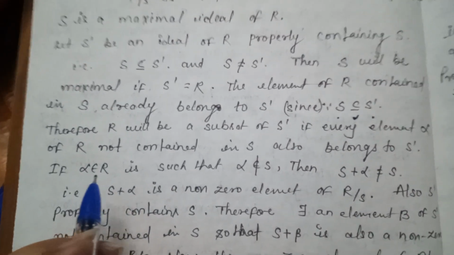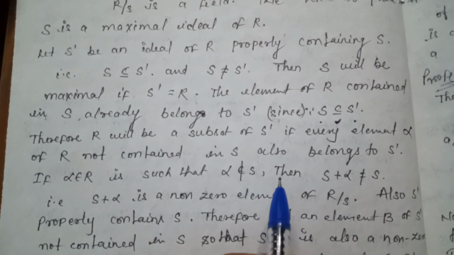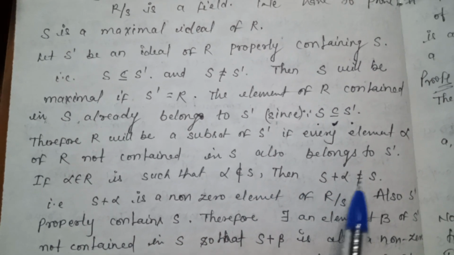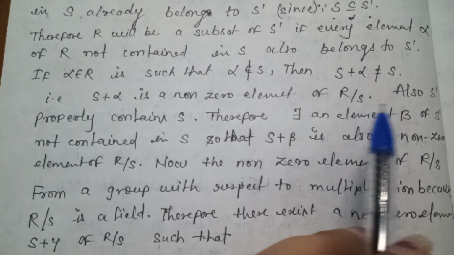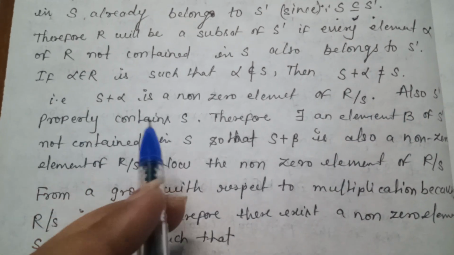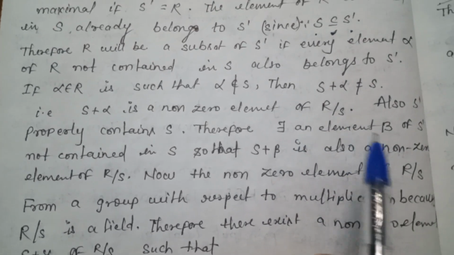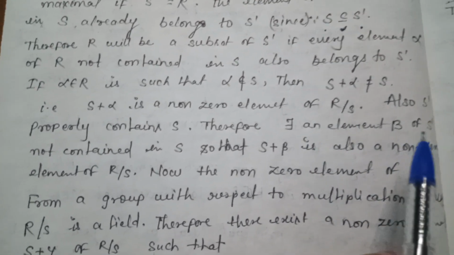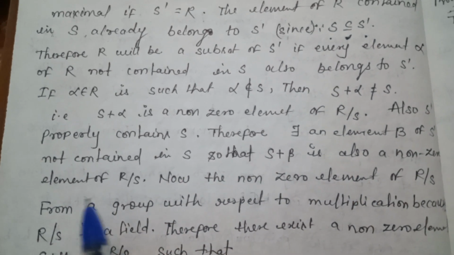If alpha belongs to R is such that alpha does not belong to S, then S + alpha is not equal to S, that is, S + alpha is a non-zero element of R/S. Also, S' properly contains S. Therefore, there exists an element beta of S' not contained in S, so that S + beta is also a non-zero element of R/S.